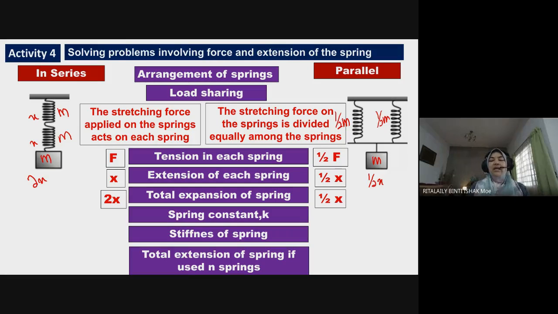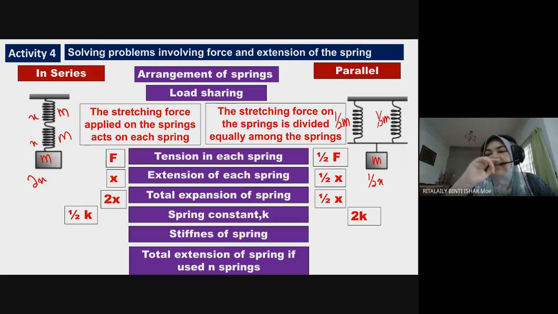And then as for the spring constant, the spring constant for series arrangement will become half, whereas the spring constant for parallel will become double. Okay, spring constant relates to stiffness kan? So a stiffer spring extends very little when force is exerted.